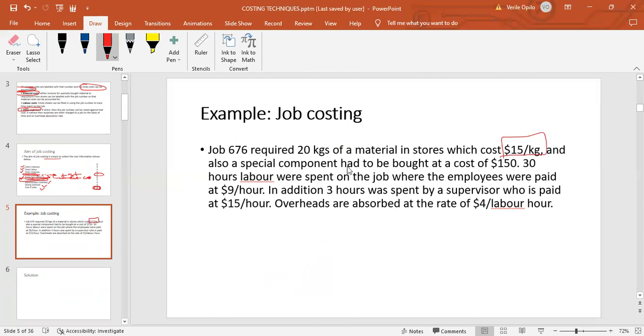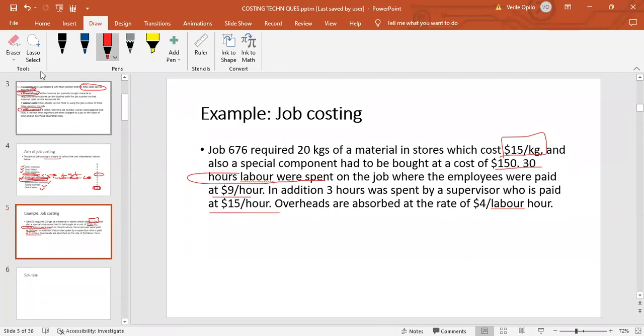Also, a special component had to be bought at a cost of $150. 30 hours of labor was spent on the job, where the employees were paid at the rate of $9 per hour. In addition, 3 hours was spent by a supervisor who is paid at the rate of $15 per hour. Overheads are absorbed at the rate of $4 per labor hour.